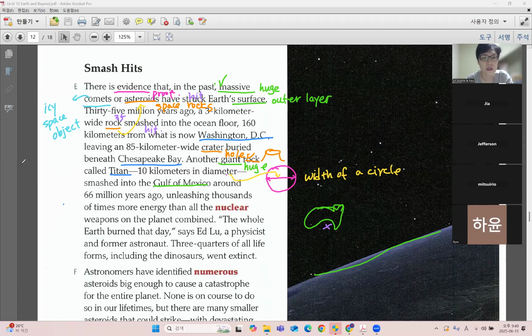What is unleashing? Leashing is like putting it on, and unleashing is releasing. Thousands of times more energy than all the nuclear weapons. What is nuclear? Nuclear weapons means atomic bombs.